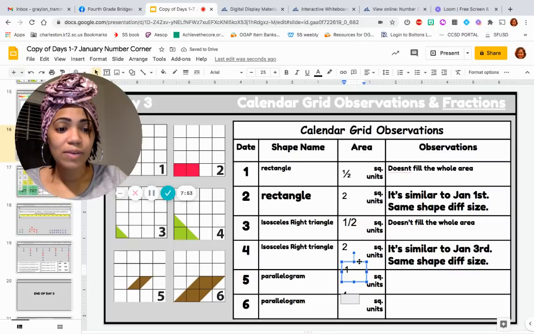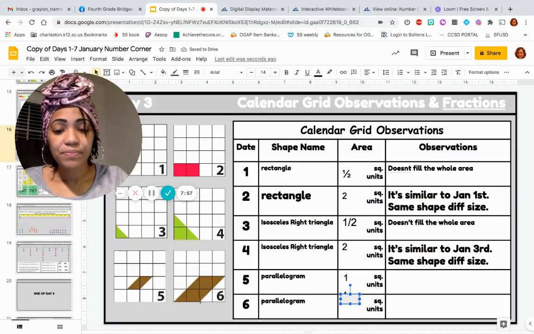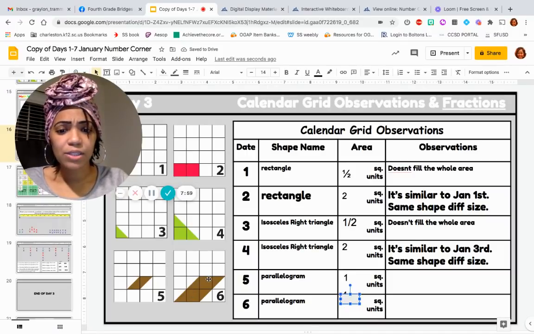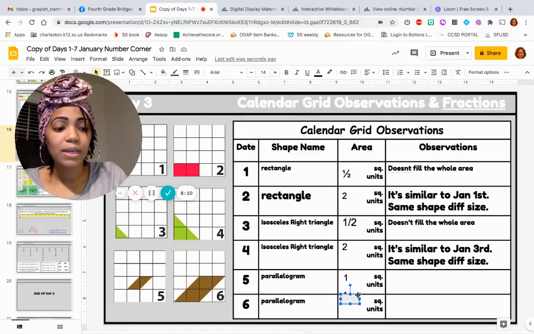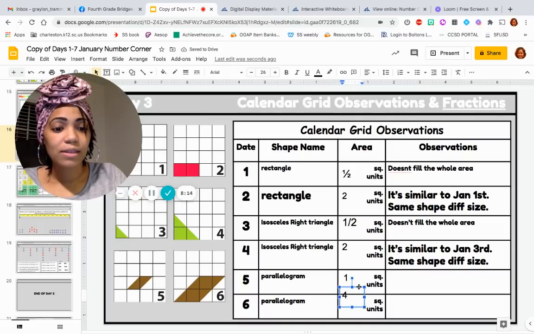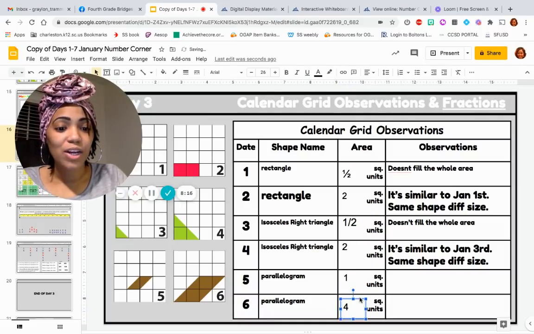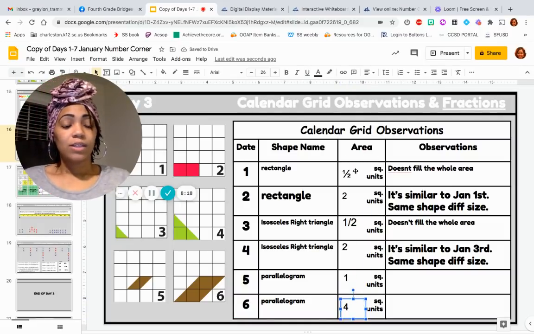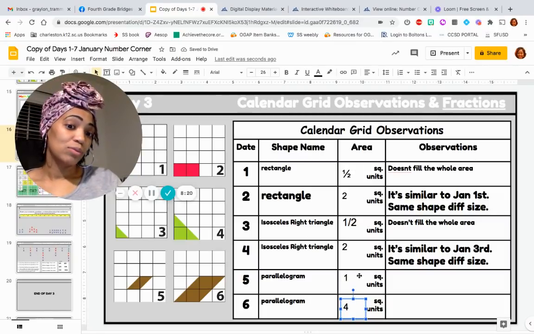And while I'm here, let's just go ahead and figure out the area of the 6th. 1/2 plus 1/2 would be 1, another 1/2 plus 1/2 would be 2, 3, 4. So this has an area of 4. So 1/2, 1, 4.